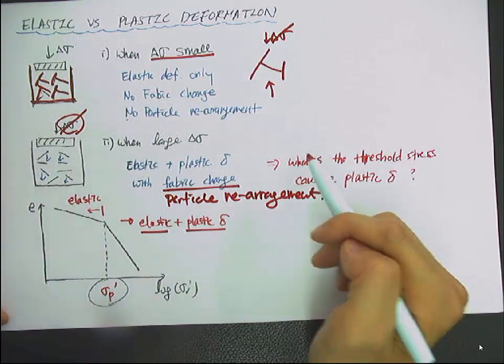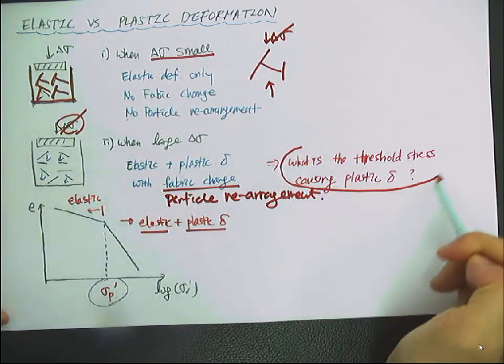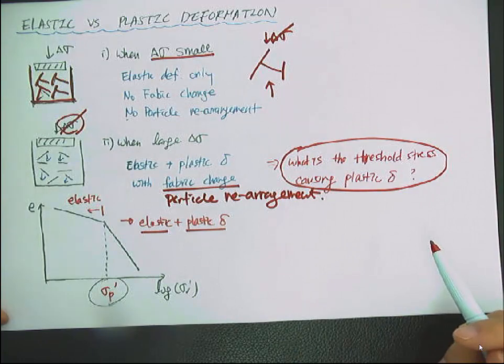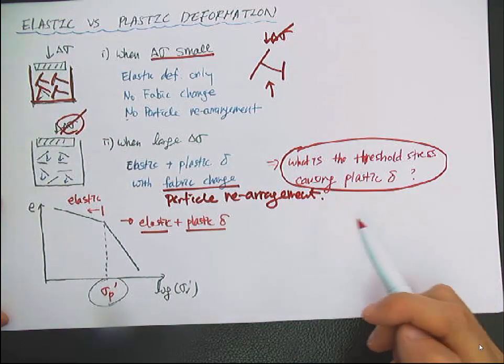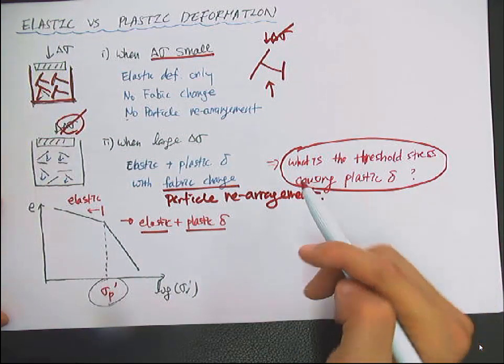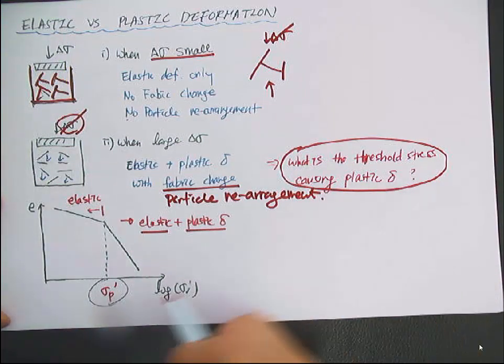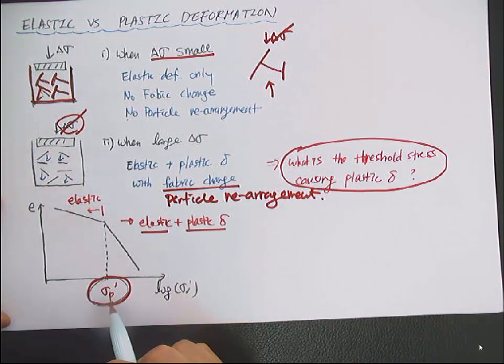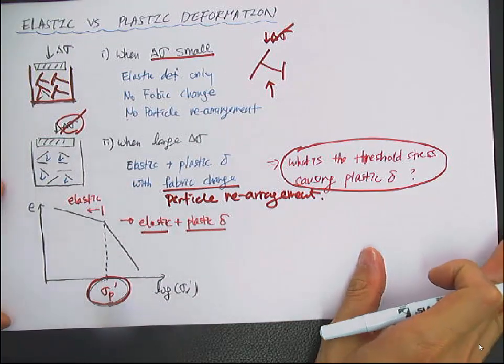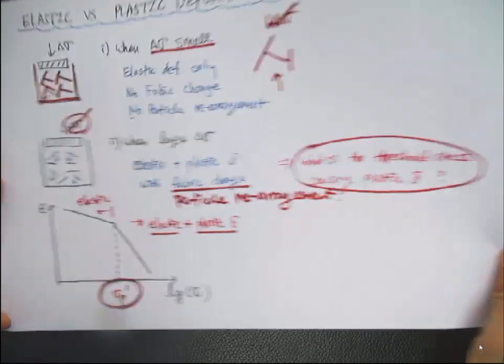And what is the threshold stress causing the plastic deformation? It's called the pre-consolidation stress, sigma p prime. So let's talk about sigma p prime.